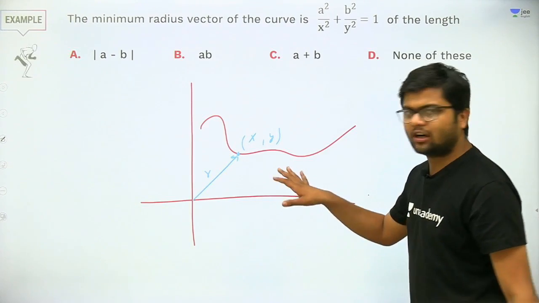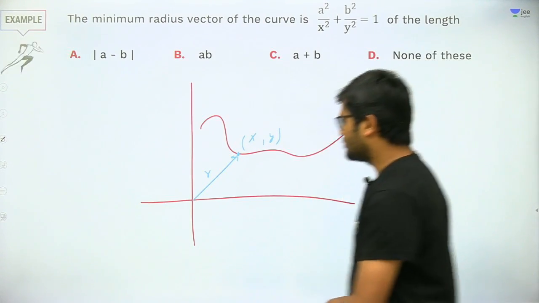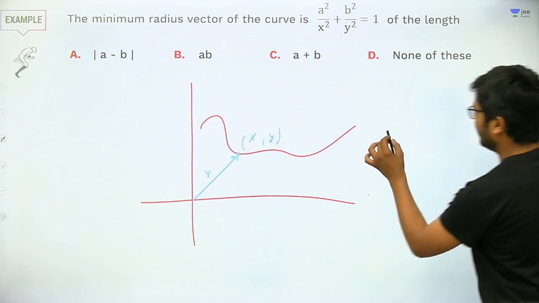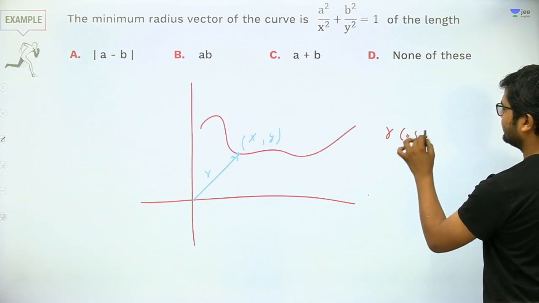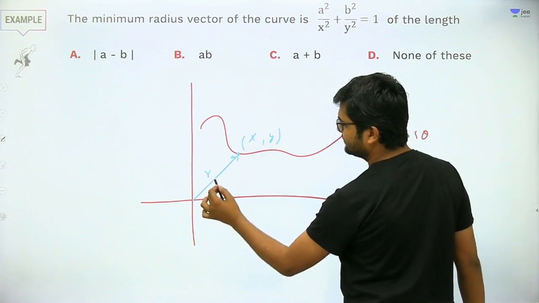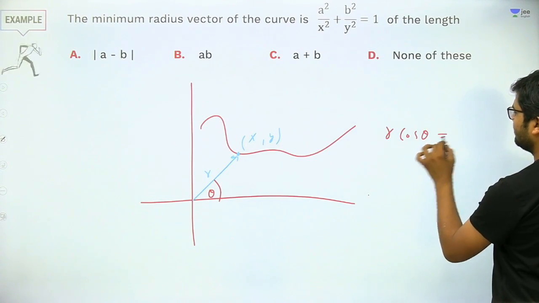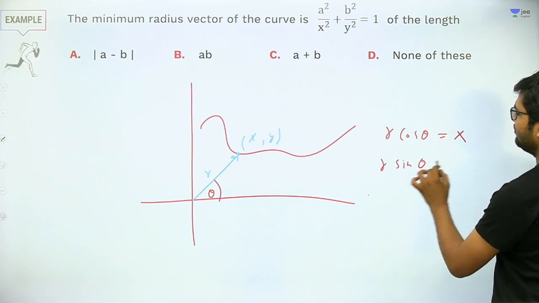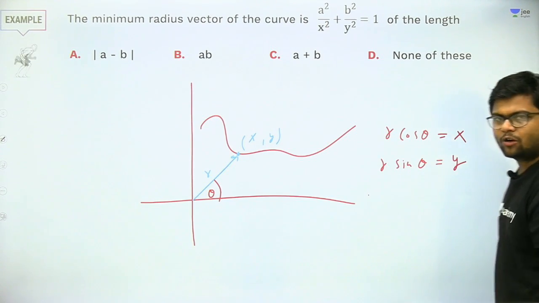In this question, I have told you what is radius vector. From this graph, you can easily conclude that if this angle is theta, r cos theta will be the coordinate x, and r sin theta will be the coordinate y. Got my point?